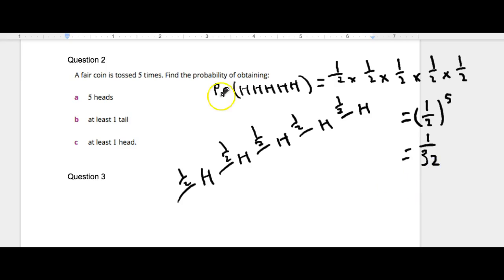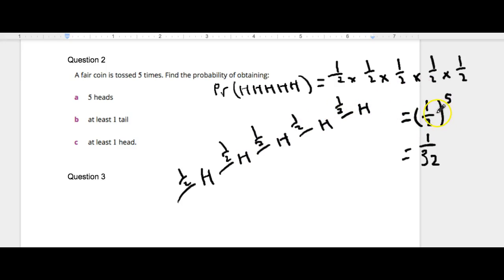Just recapping that, 5 heads. You could draw a tree diagram, but that's a pretty big tree diagram. This is only one branch. You actually have 32 different possibilities. But if you know the probability of one head, and you can picture what it would look like, it's just a half times a half times a half times a half times a half. The probability each time does not change.